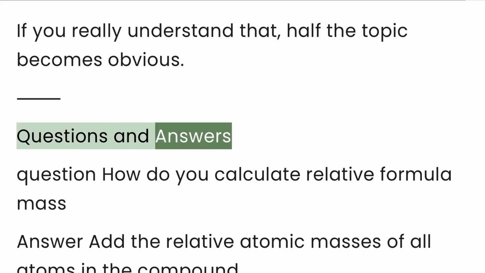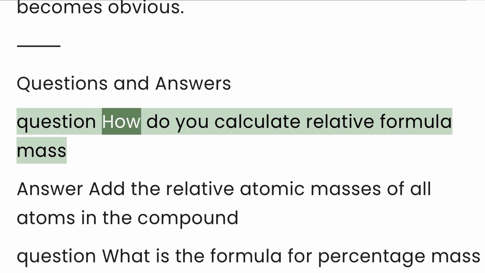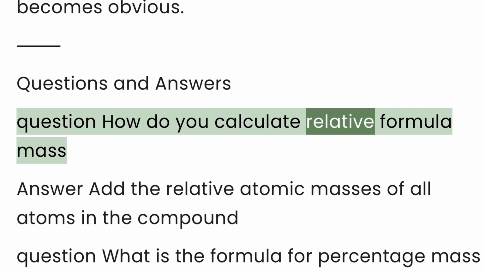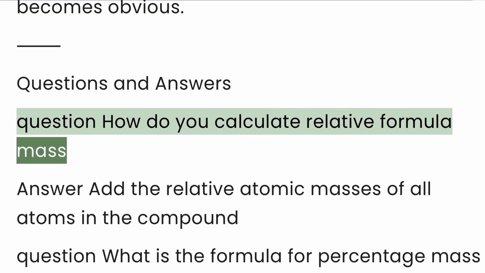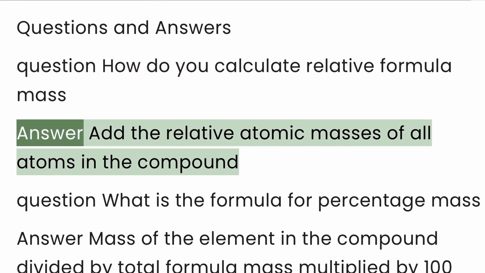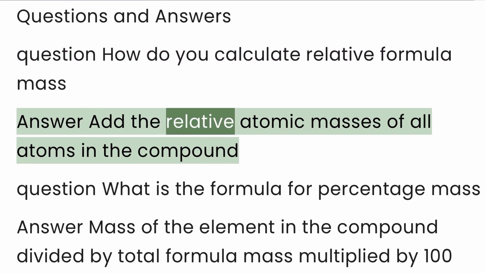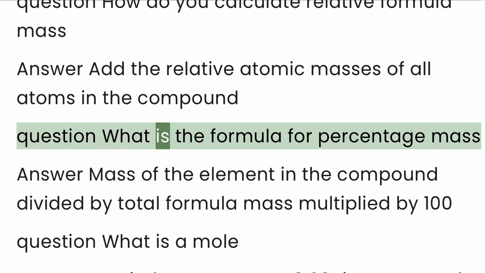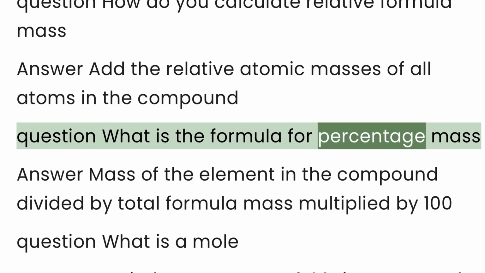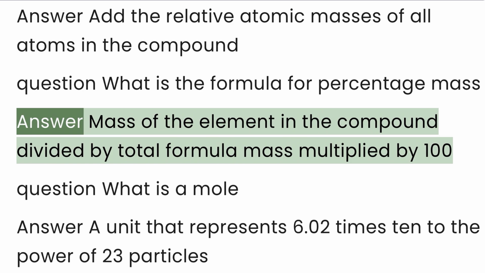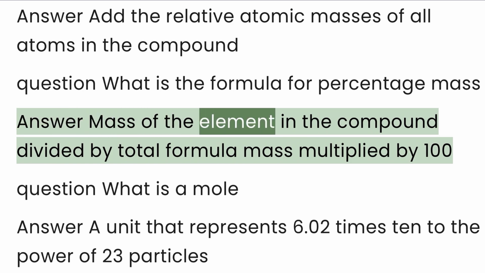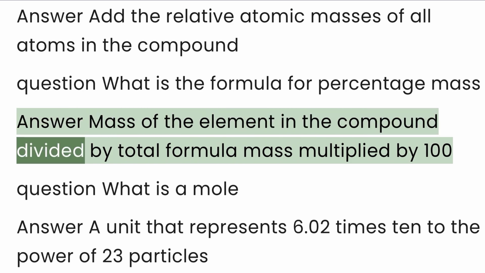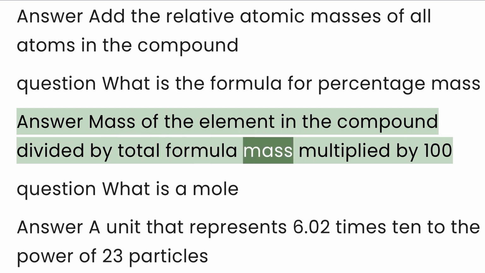Questions and answers. Question: how do you calculate relative formula mass? Answer: add the relative atomic masses of all atoms in the compound. Question: what is the formula for percentage mass? Answer: mass of the element in the compound divided by total formula mass multiplied by 100.